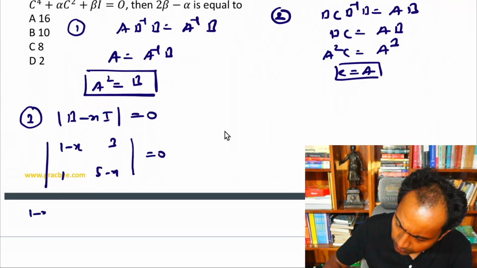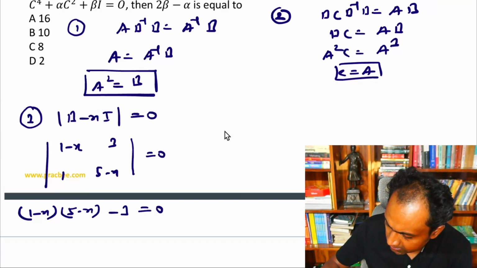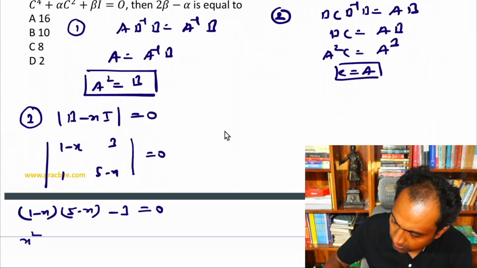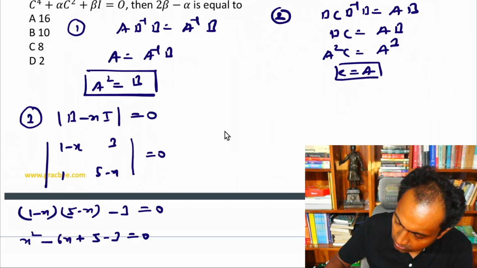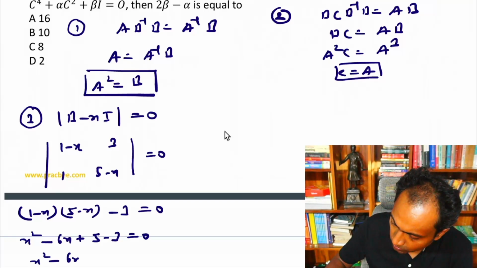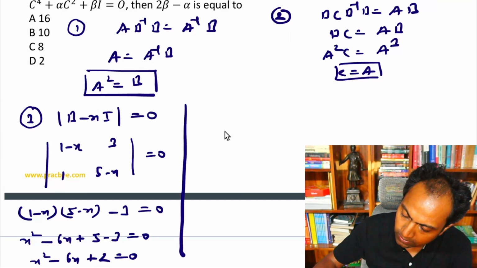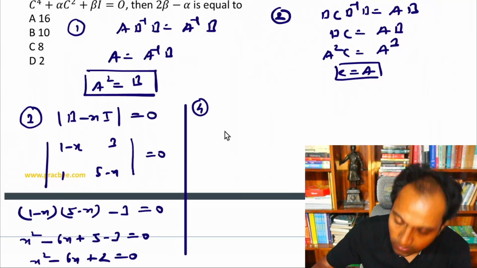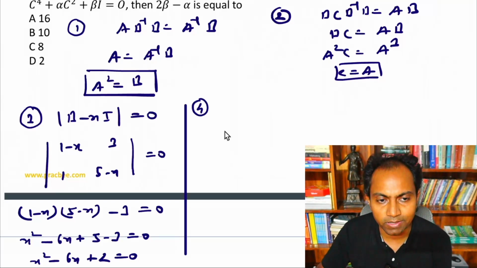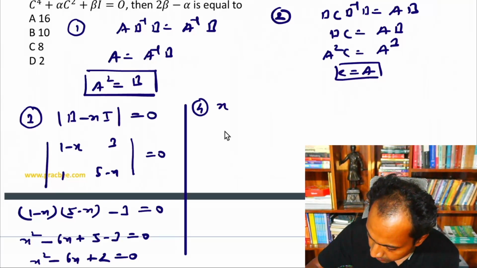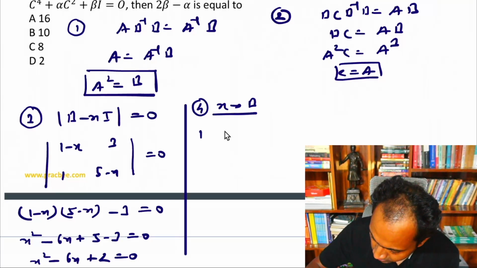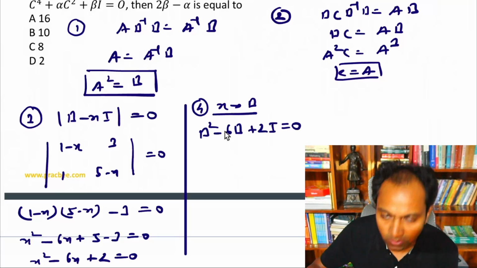And if I open it up, (1 minus x) into (5 minus x) minus 3 is equal to 0, and this becomes x square minus 6x plus 5 minus 3 is equal to 0. So x square minus 6x plus 2 is equal to 0. Now in the fourth part, if I want to write the characteristic equation in terms of B, I will just replace x by B here. So this becomes B square minus 6 times B plus 2I is equal to 0.